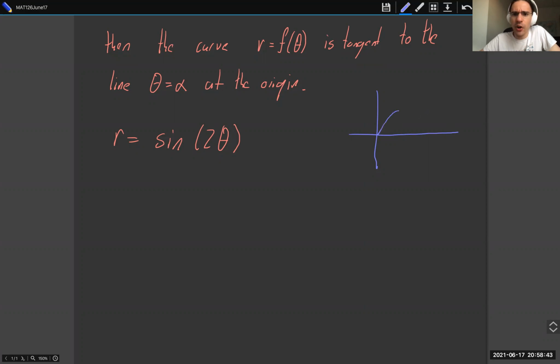And then let's just draw a regular sine wave. Now, if we consider sine of 2 theta, then all of these things happen earlier. So this would usually happen at pi over 2, but now it's happening at pi over 4, right? This is happening at pi over 8.